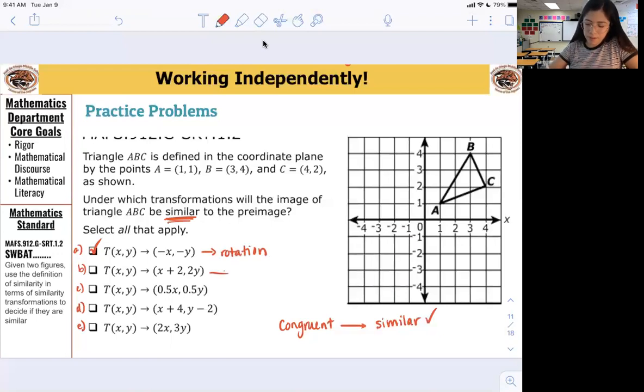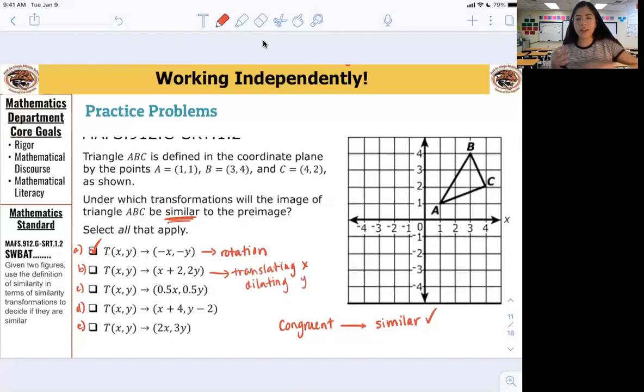Now, what about B? What's happening in B? Good. In B, they're kind of doing a 2-in-1 type of thing. They are translating the x and then dilating the y.